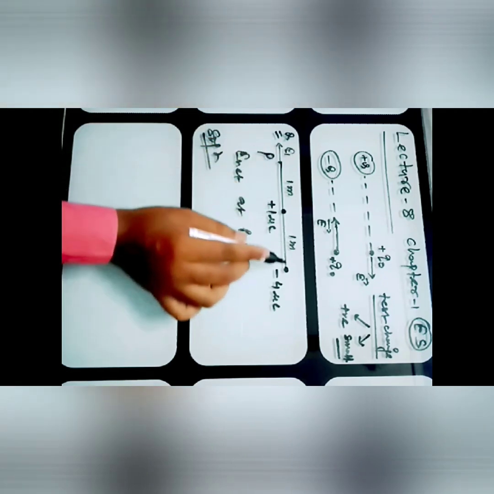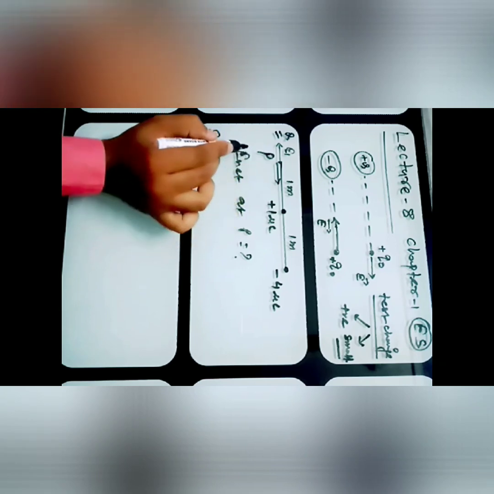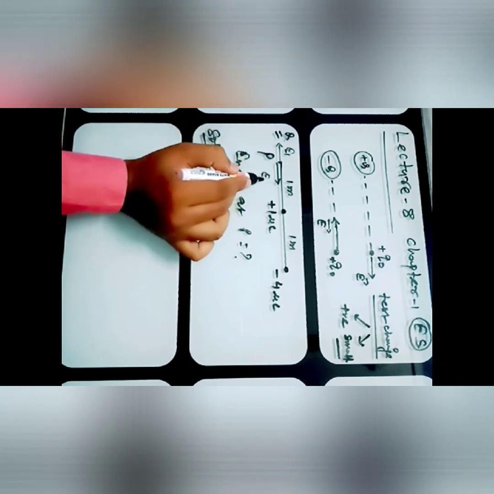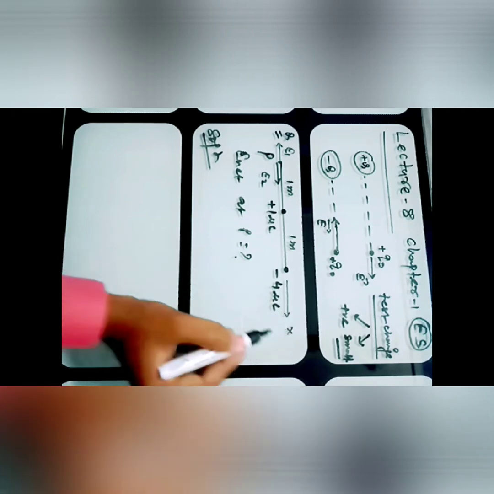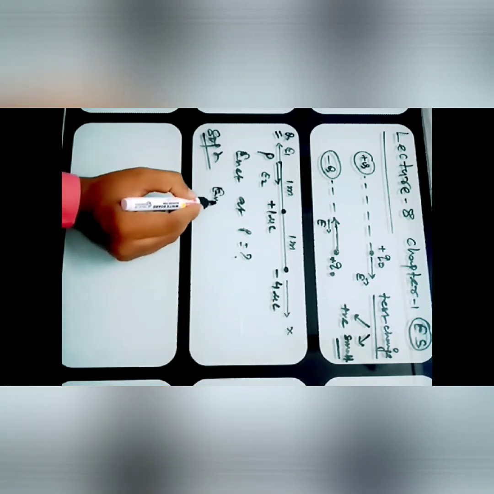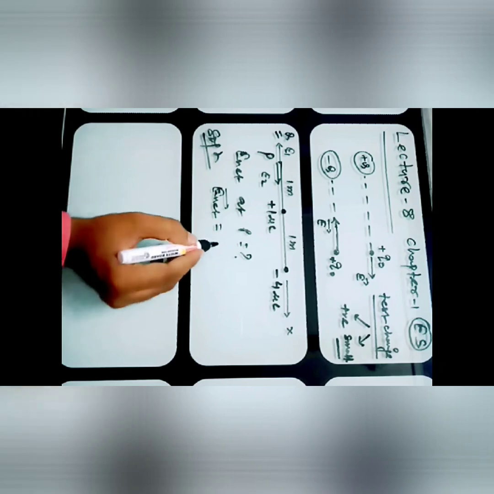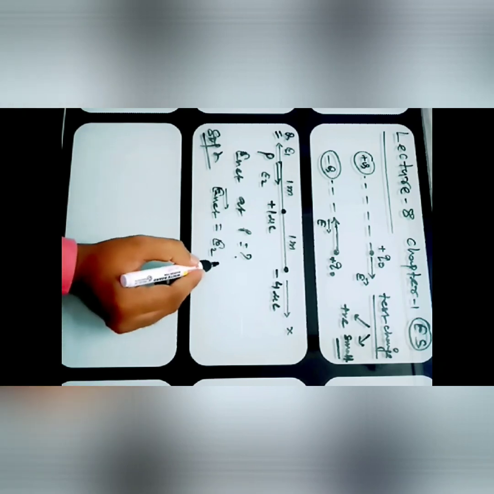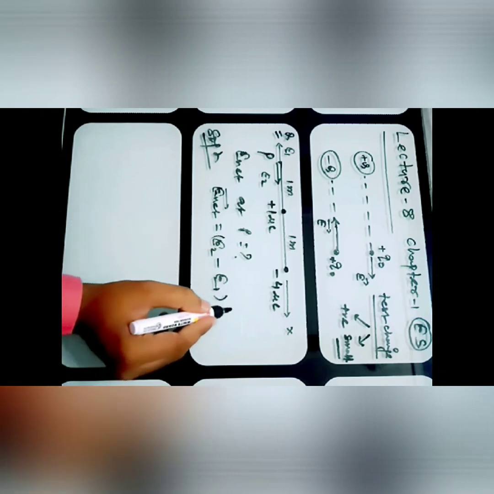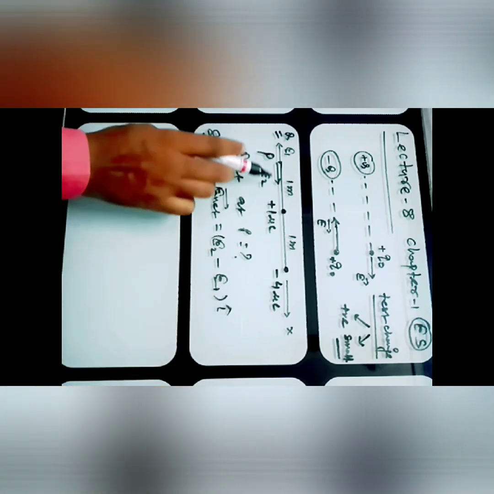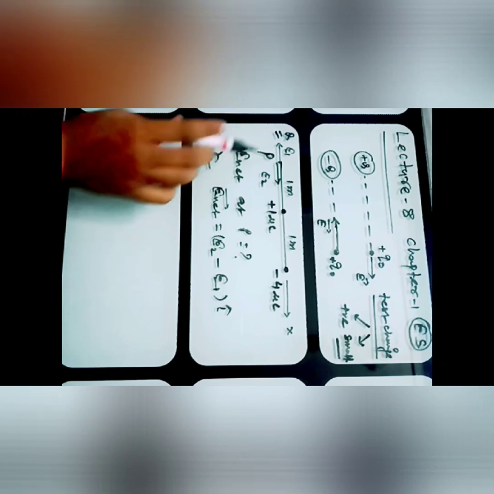And at point P, due to this negative charge, the field will be towards it. So it is E2. If it is the x-axis, then E net can be written as E2 minus E1 in the i cap direction. E2 in the positive direction, E1 in the negative direction.